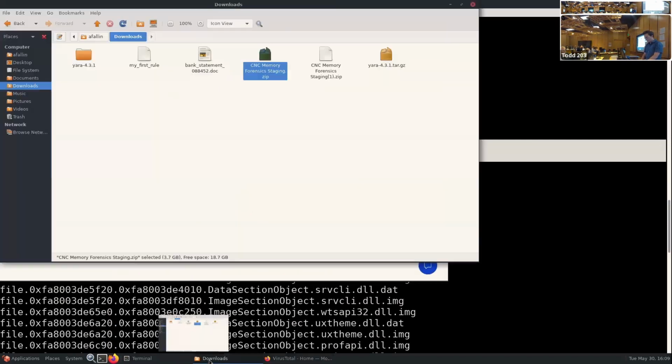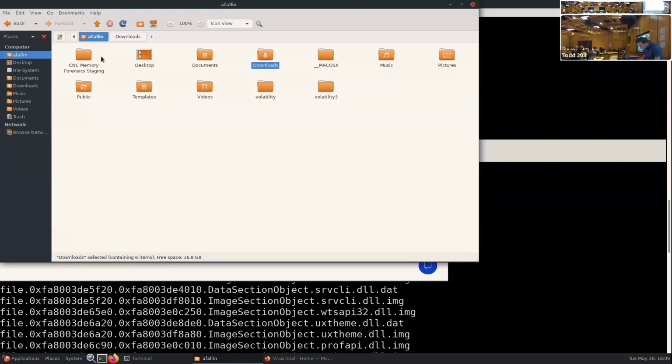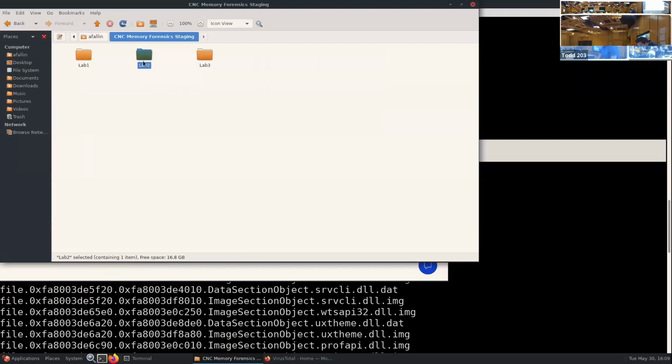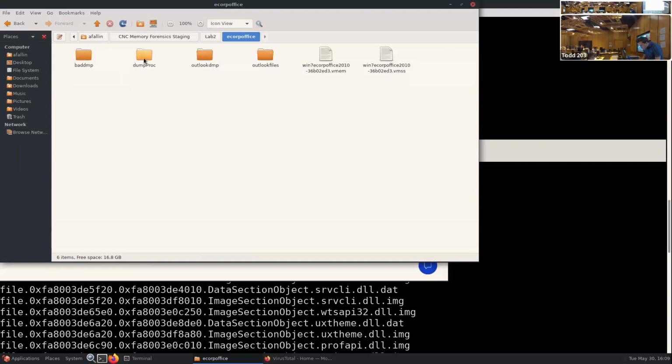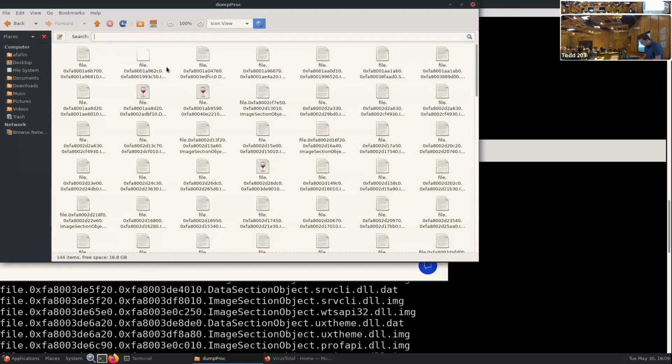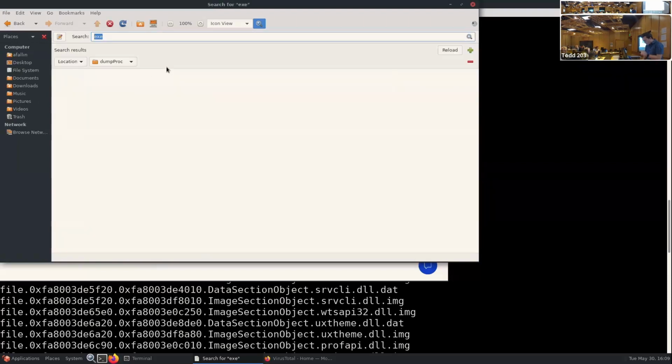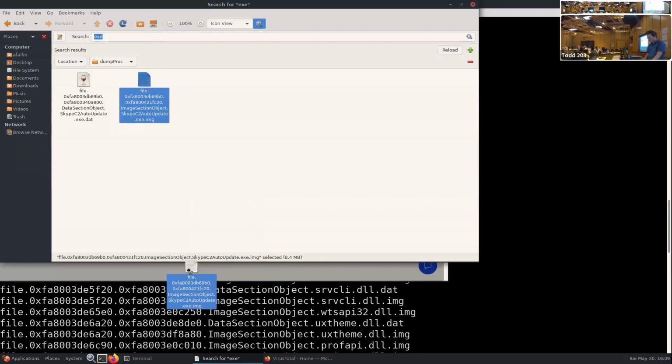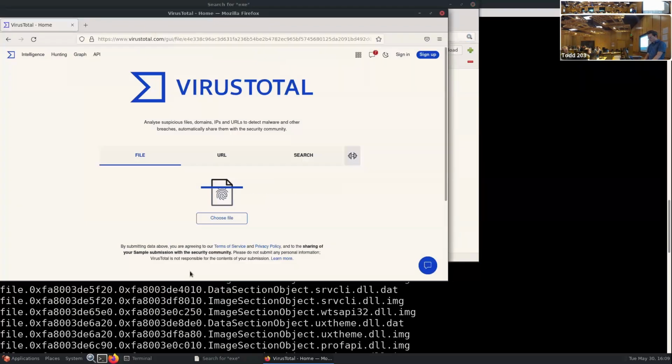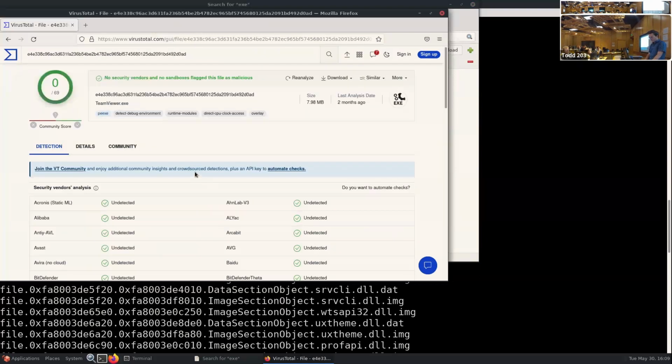In VirusTotal, we can drag these files in, drop them in, and see whether or not something's malicious.